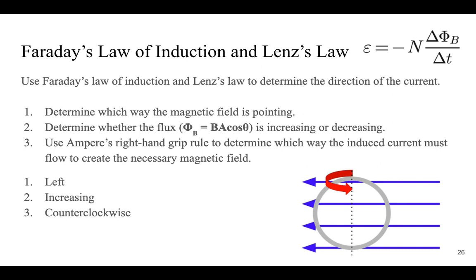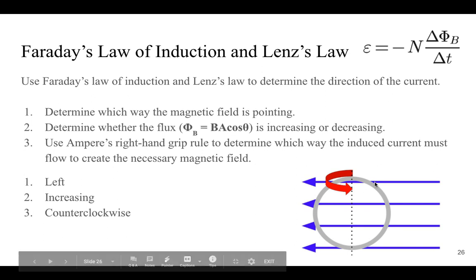This would also be counterclockwise. Convince yourself that as this loop starts to spin around like that, if we have a current going this way, down like that, and it's easier to see up here because it's easier to hold your right hand this way, that's going to cause a magnetic field going to the right, which is what we need here.